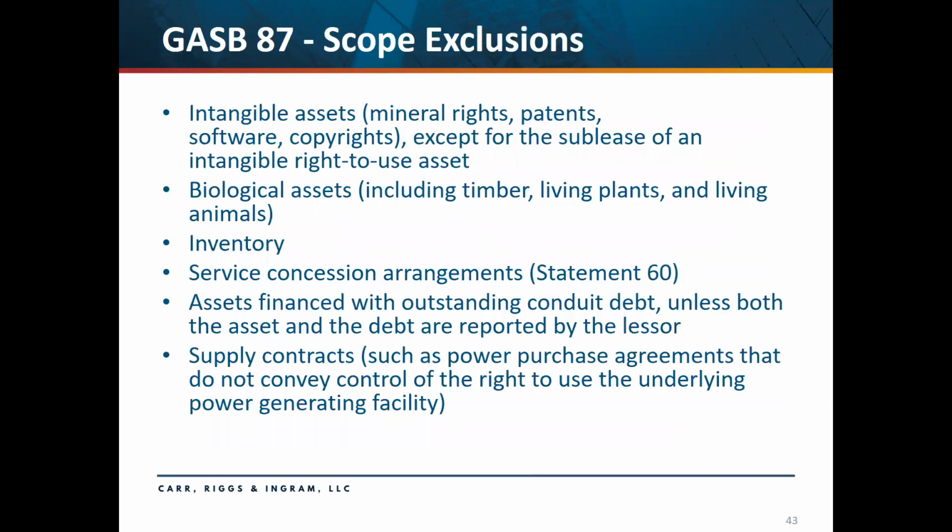Some other exclusions are going to be your intangible assets, such as mineral rights, copyrights, patents, software, biological assets, timber, living animals, inventory, service concession arrangements, and we'll go more into service concession arrangements when we talk about the impact of GASB 94 on GASB 60. Assets financed with outstanding conduit debt, unless both the asset and the debt are reported by the lessor. Supply contracts are not going to be included in GASB 87. So this is just some of the items that are scope exclusions of GASB 87.